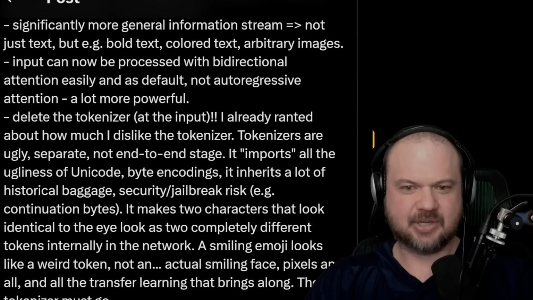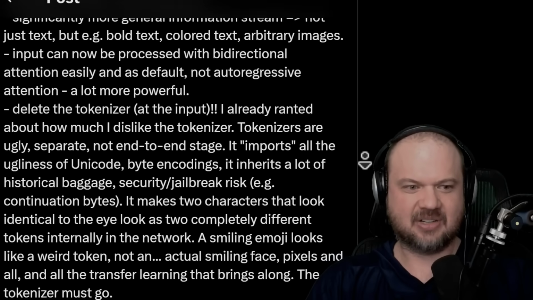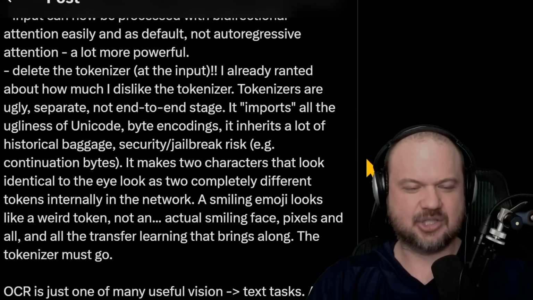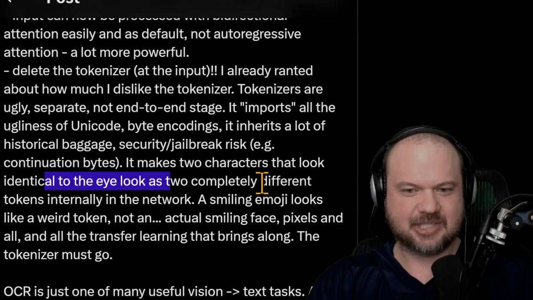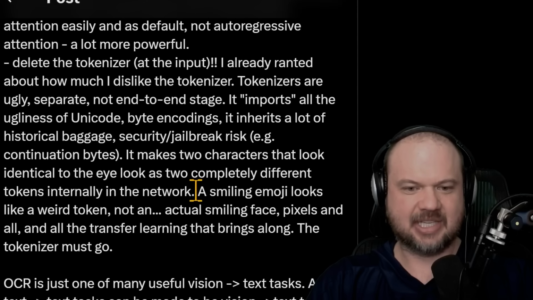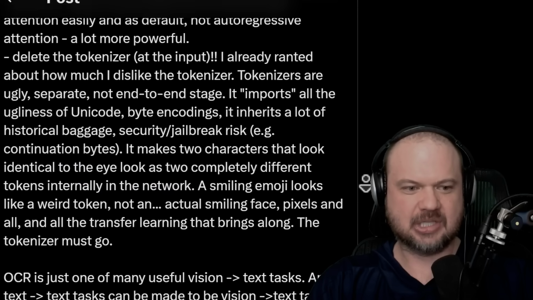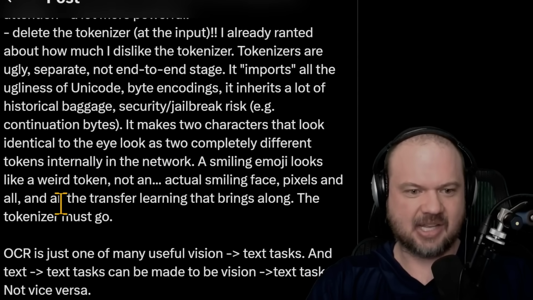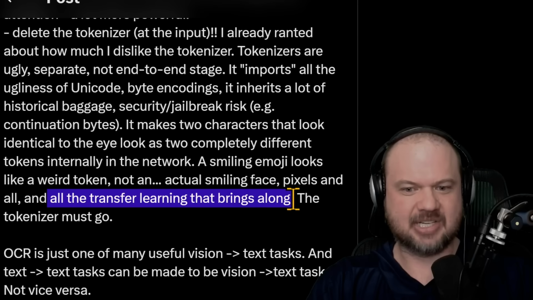So Andrej continues: tokenizers are ugly, separate, not end-to-end stage. It imports all the ugliness of Unicode byte encodings. It inherits a lot of the historical baggage, security/jailbreak risks. It makes 2 characters that look identical to the eye look like 2 completely different tokens internally in the network. A smiling emoji looks like a weird token and not an actual smiling face, pixels and all the transfer learning that brings along.